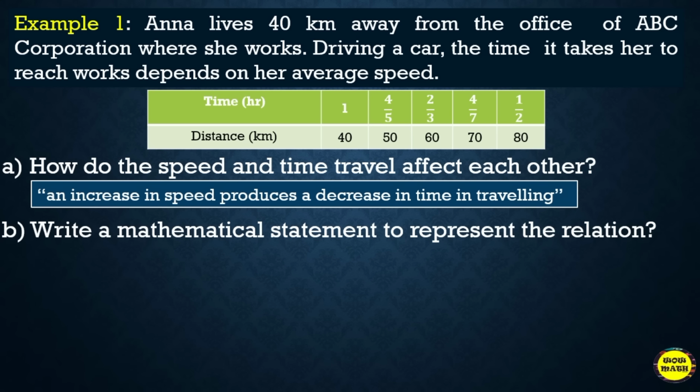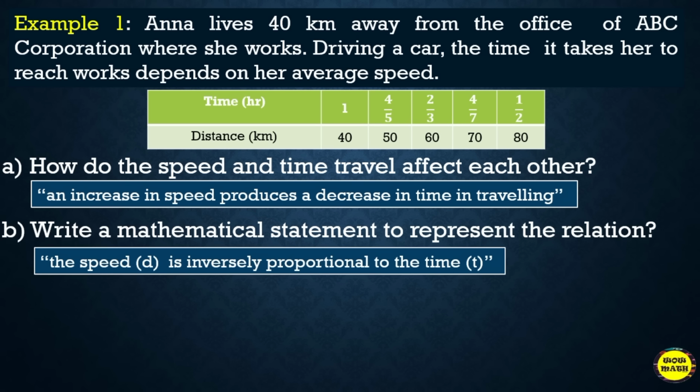Write a mathematical statement to represent the relation between the speed and the time of travel. How are we going to write, or represent, this as a mathematical statement? We can say that the speed is inversely proportional to the time.